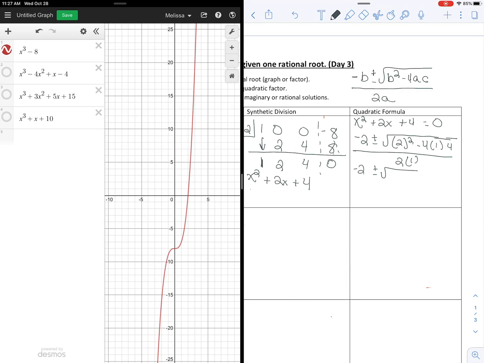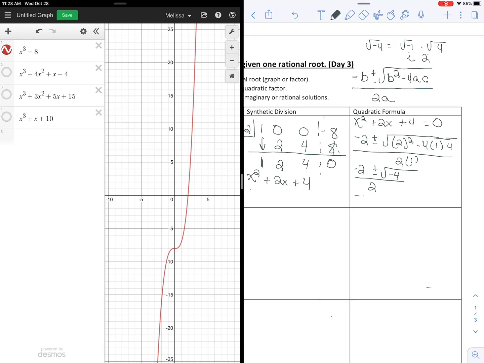So I have negative 2 plus or minus the square root of 4 minus 16, which is negative 4, all over 2. Also recall from before, if we have negative 4, that can be written as the square root of negative 1 times 4.